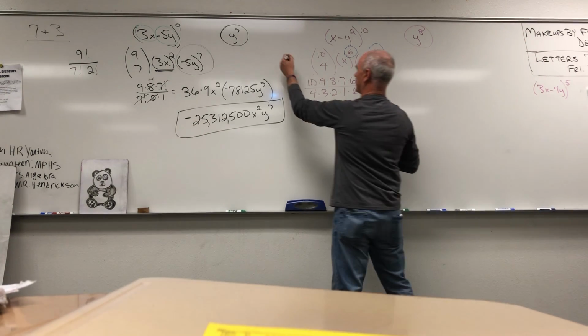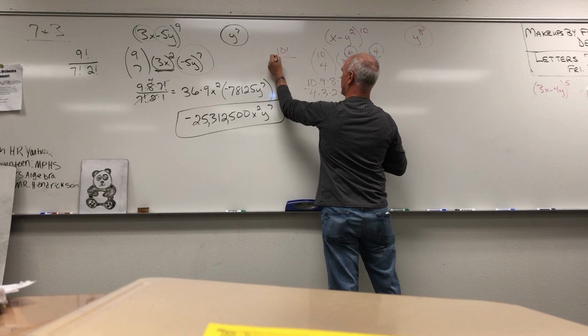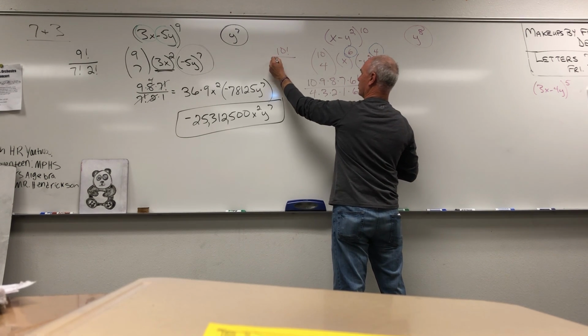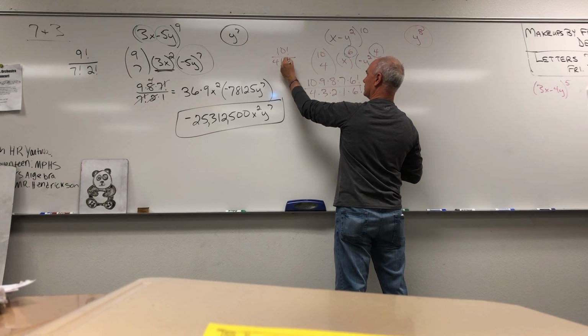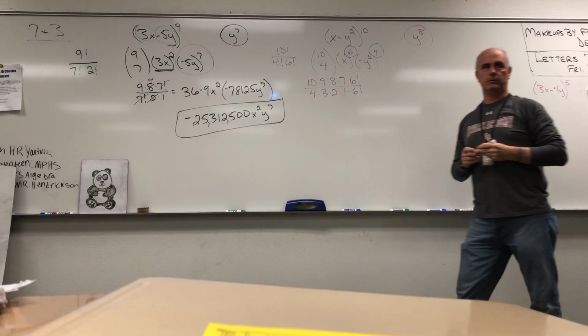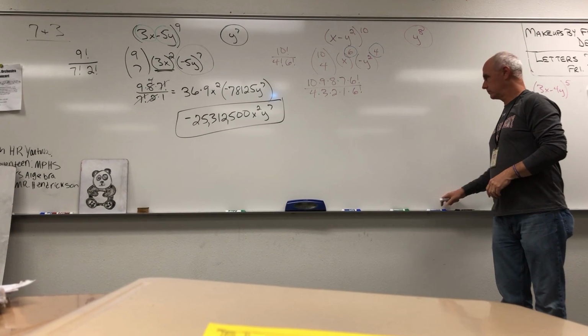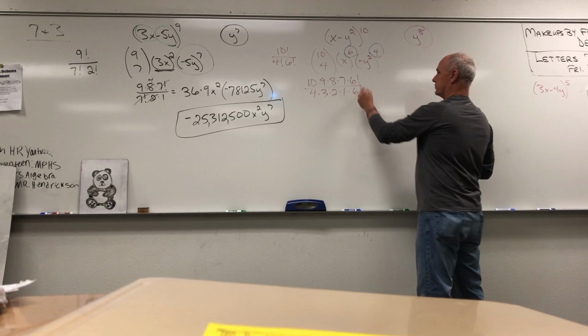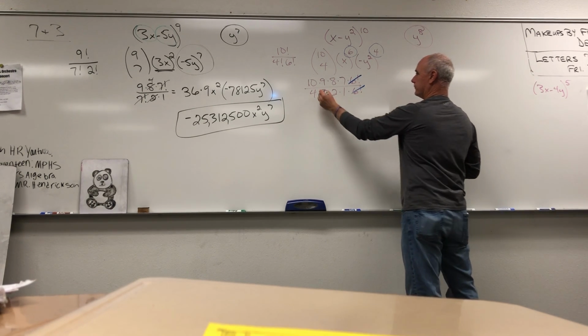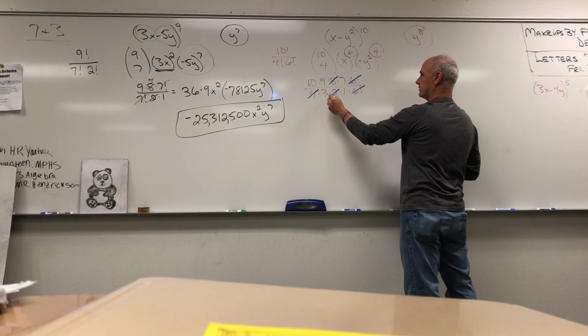Yeah, and I should write the intermediate step here. This is 10 factorial over 4 factorial times 6 factorial. 6 factorial, 6 factorial cancel. 4 times 2 is 8.